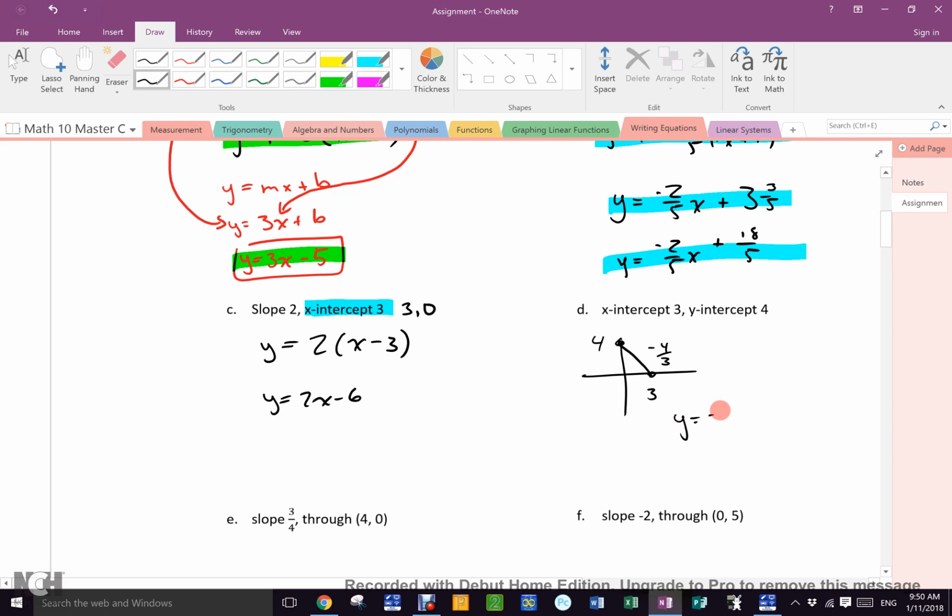So y equals negative 4/3 x plus 4. Did anybody do something different there? Okay, but you still got that same slope. Right. So you still got that. Everybody cool?